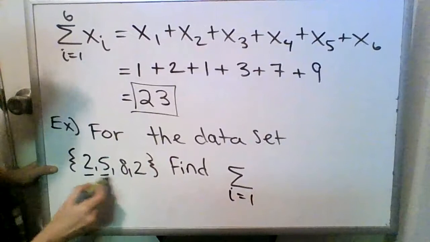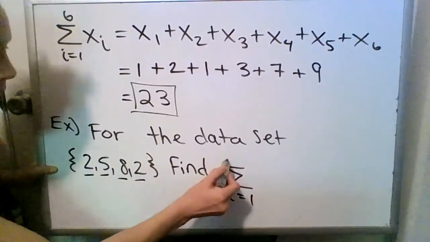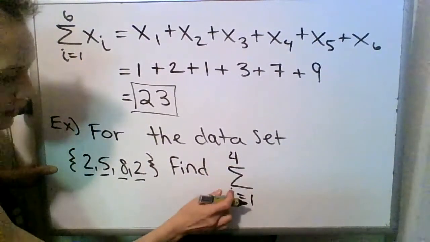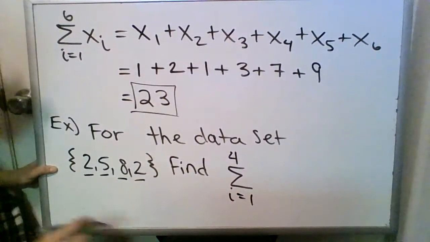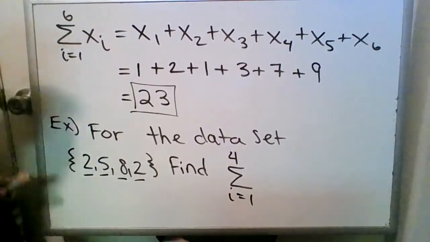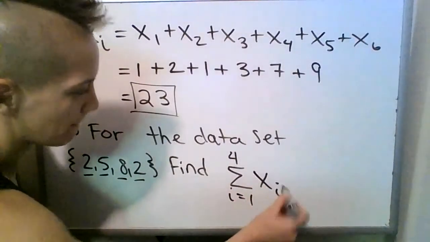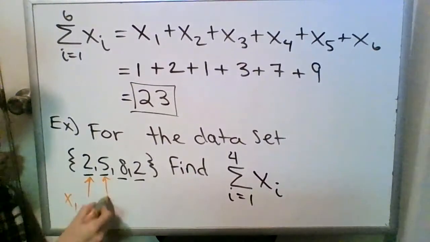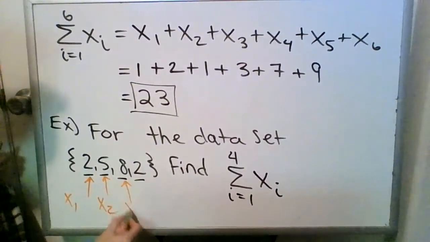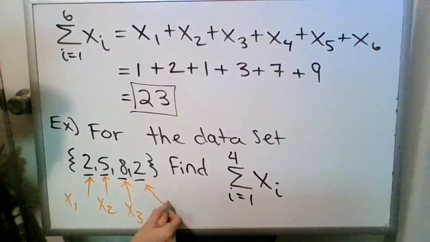And there's 1, 2, 3, 4 of these. So we're going up to 4 as our last value with x of 4. Let's also mark these. This is x1, here's x2, here's x3, last one's x4.